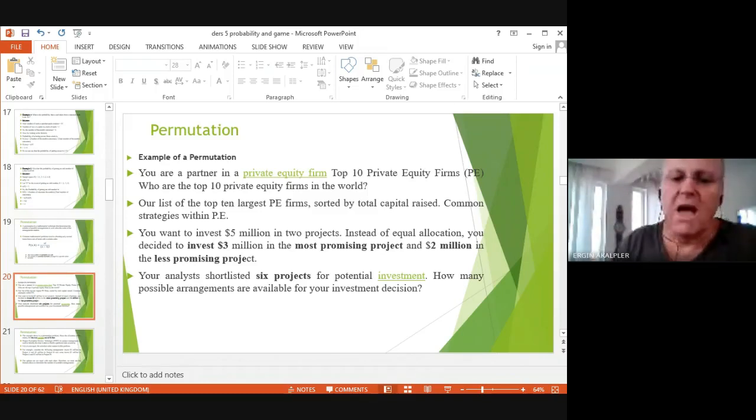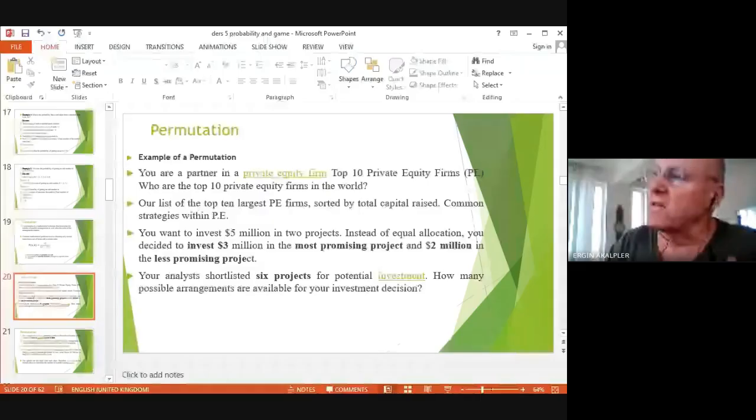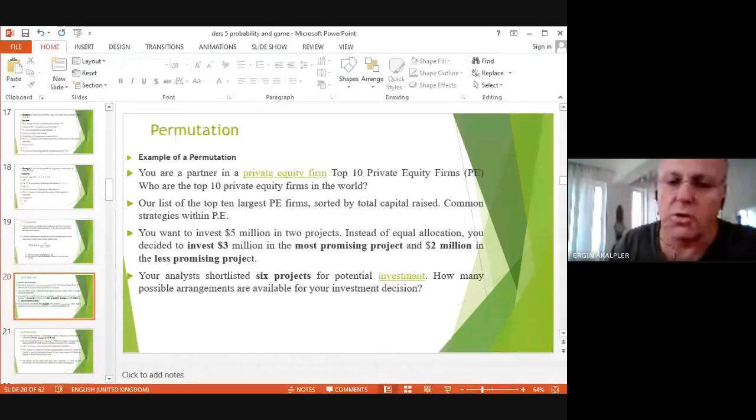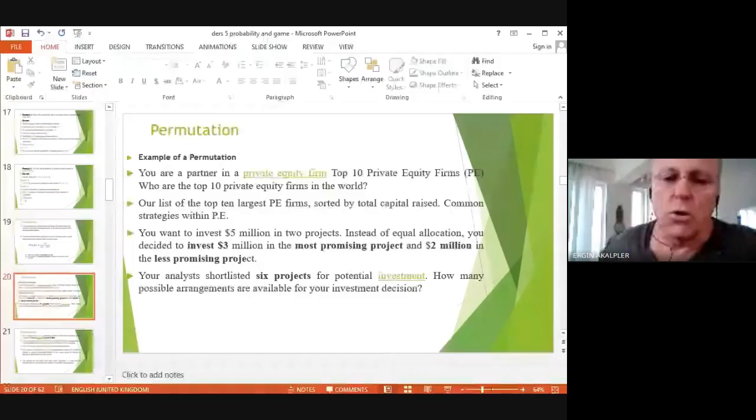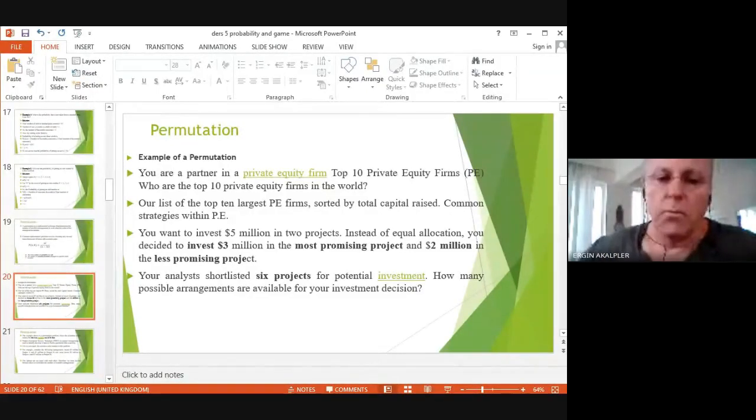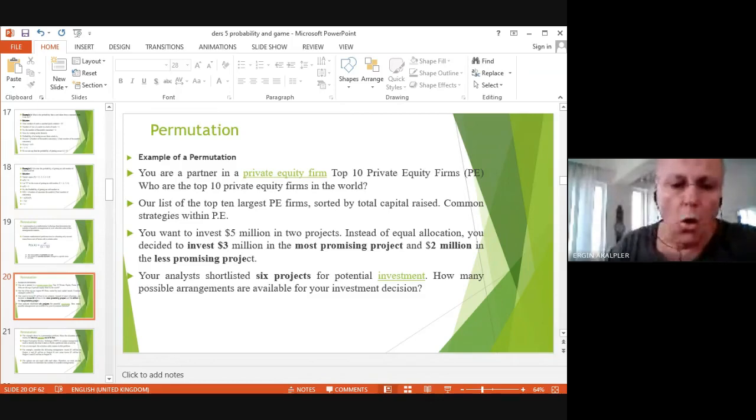Therefore, you have two options, either the most promising or the less promising. If it is most promising, you will invest 3 million, and if it is a less promising project, then you will invest 2 million, because you have a total of more than 5 million dollars in your portfolio, and you want to know which is the best possible option.